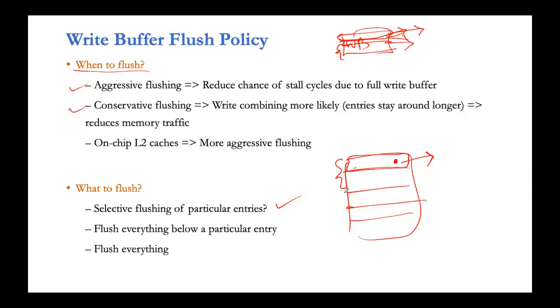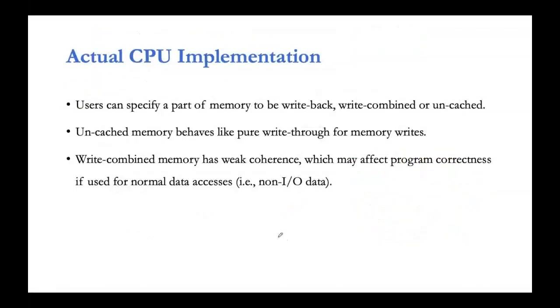Suppose up to this point, keep what is below for further use and flush all of these. Or sometimes you can flush all the cache lines written in the write buffer. So these are the write buffer flush policies.